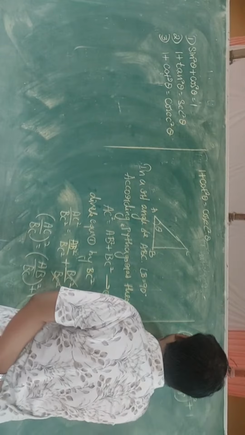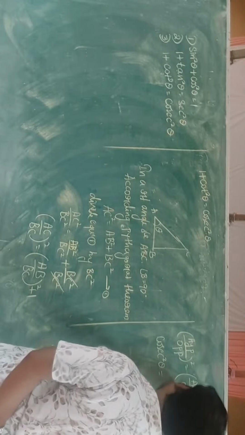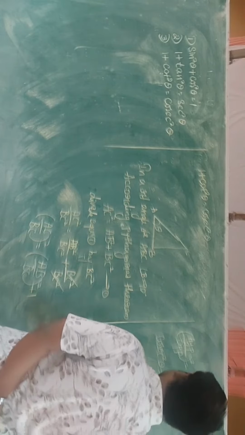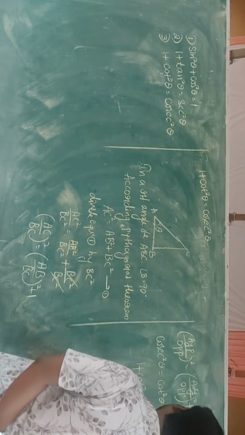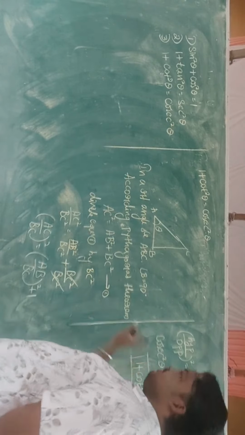Hypotenuse upon opposite is cosec square theta, adjacent upon opposite is cot square theta, plus 1. So 1 plus cot square theta is equal to cosec square theta is your third identity. Good.